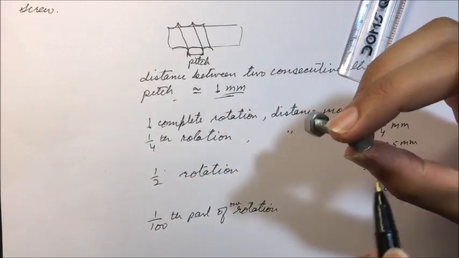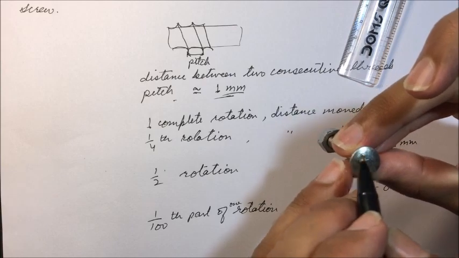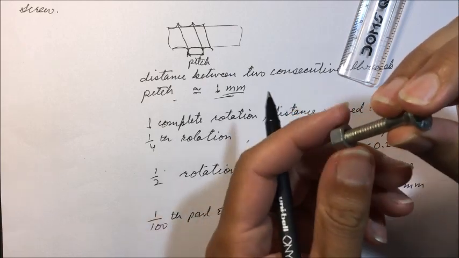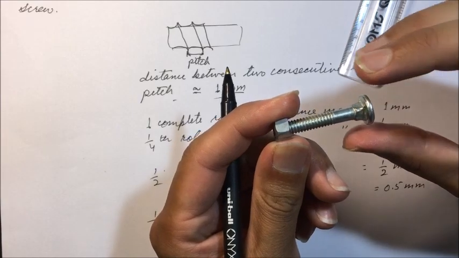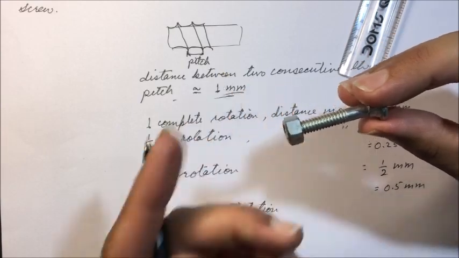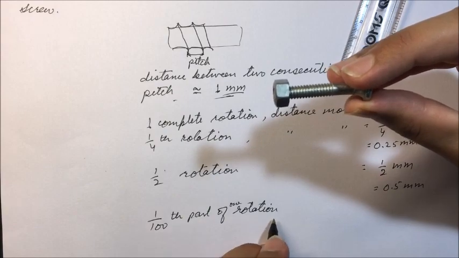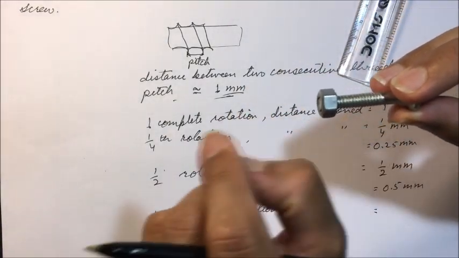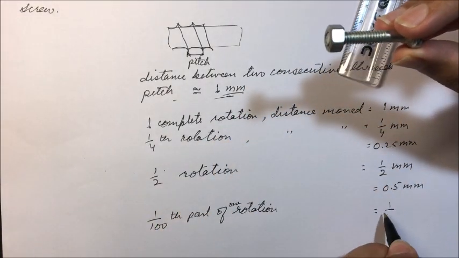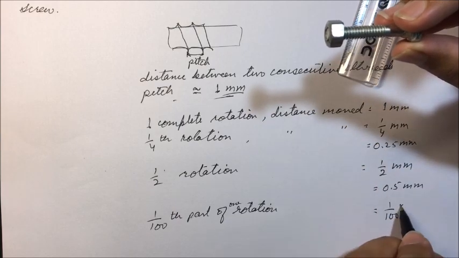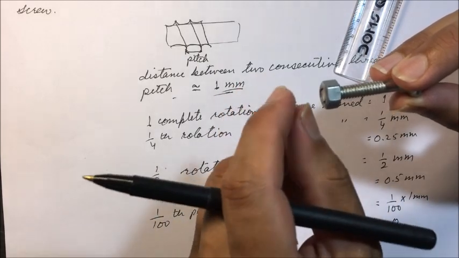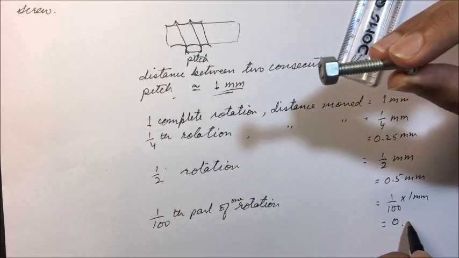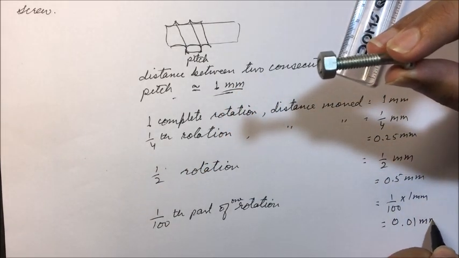Now I have divided the head into 100 equal parts, and I am moving the head by just one division. So how much rotation have I given? That is the 100th part of one rotation. So the linear distance moved by the screw will be 100th of 1 mm, that is 0.01 mm.